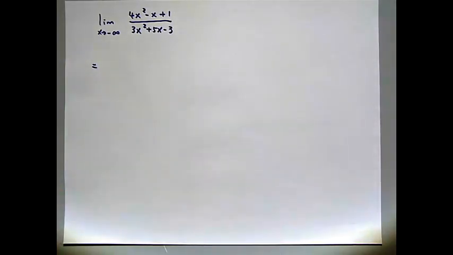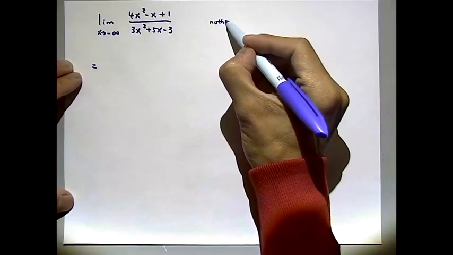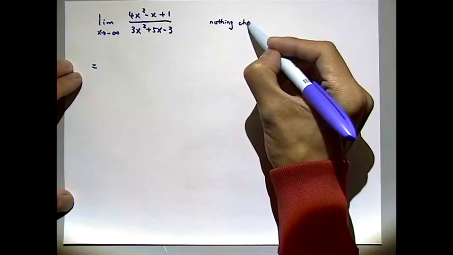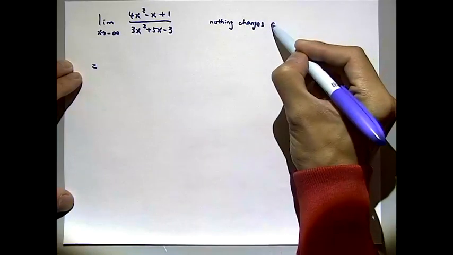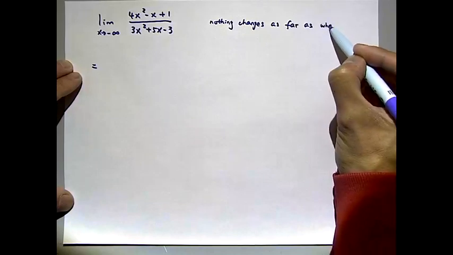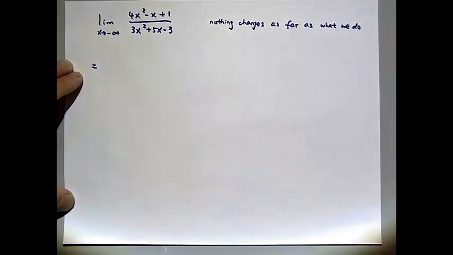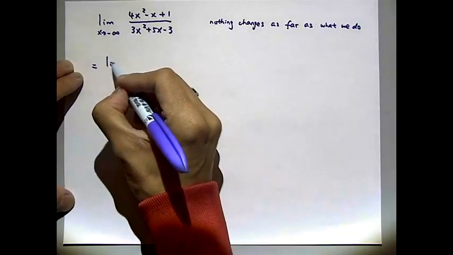You make a note of the highest power in the denominator, divide the top and bottom by the same thing, just like what we just did. As far as what we do, nothing changes. Everything is exactly the same.